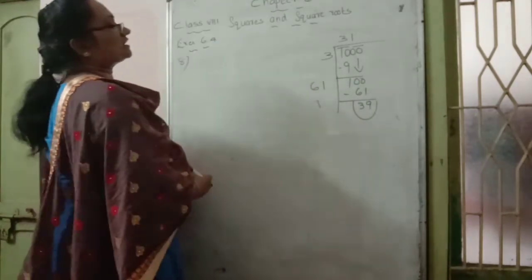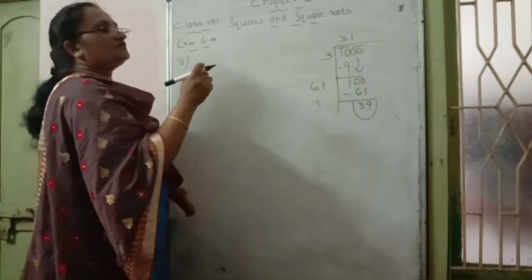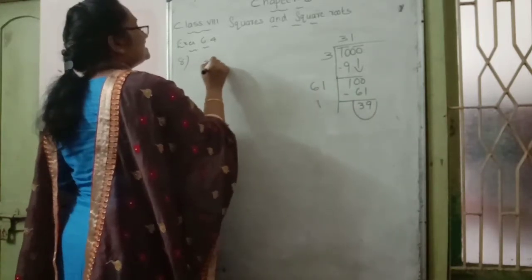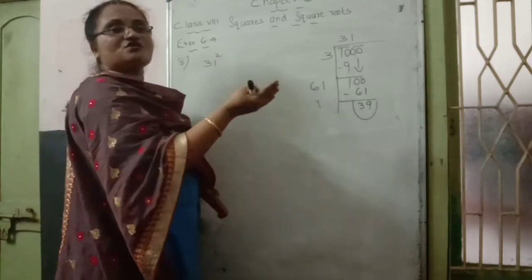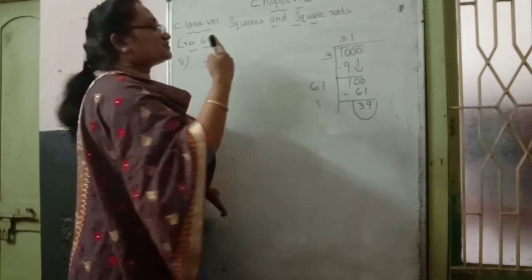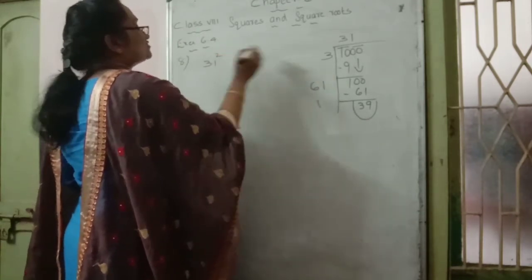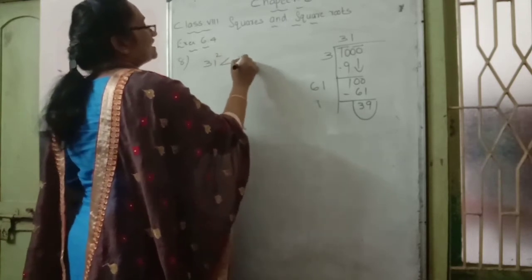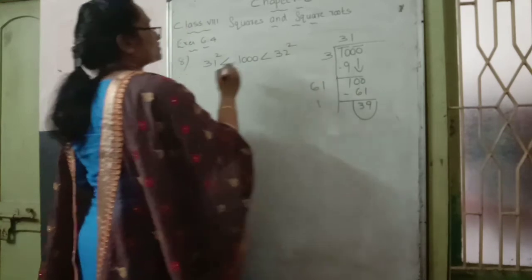So our 1,000 lies between which numbers? We can say it lies between 31 square and 32 square. So we can write that 1,000 is greater than 31 square but less than 32 square.